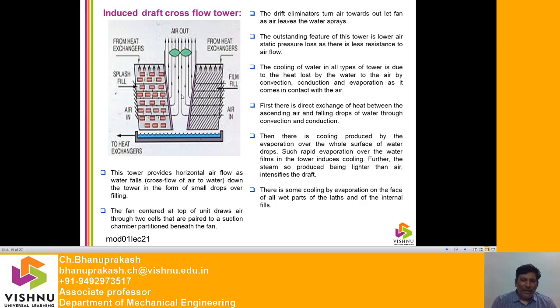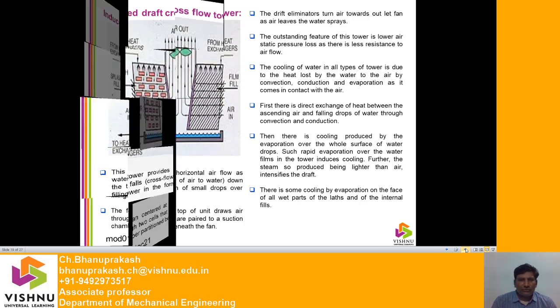Such rapid evaporation over the water films in the tower induces cooling. Further, the steam so produced, being lighter than air, intensifies the draft. So there is some cooling by evaporation on the face of all wet parts of the layers and of the internal fills. This is regarding the induced draft cross flow tower.